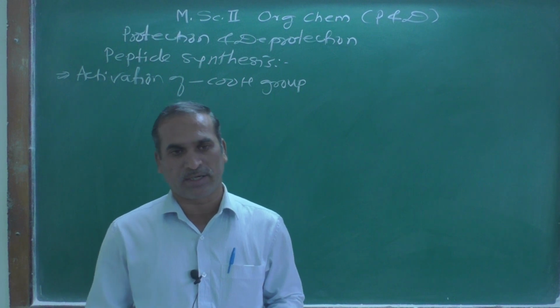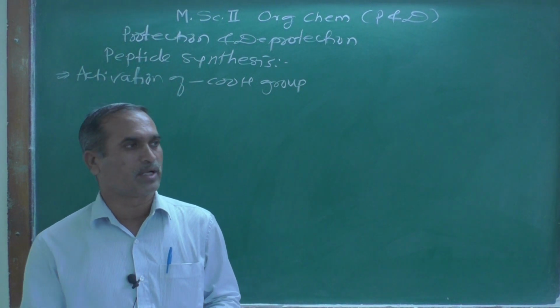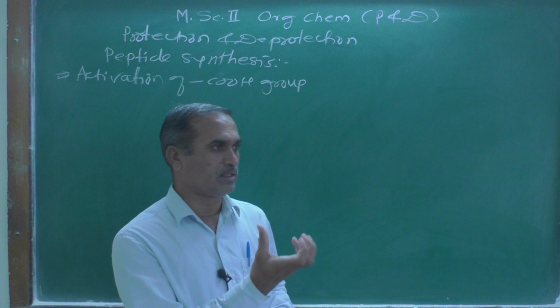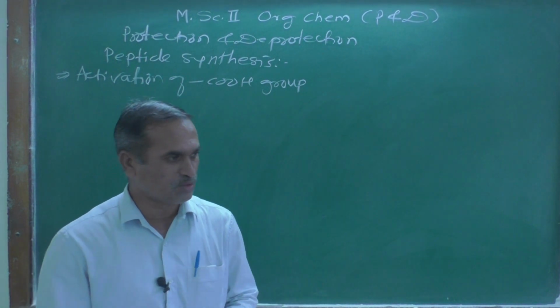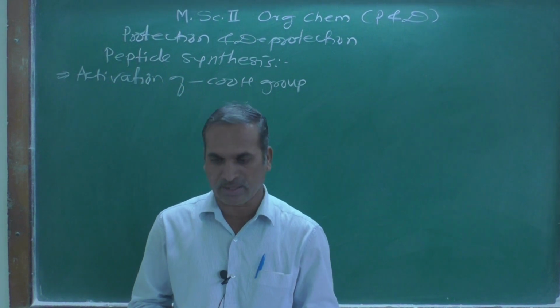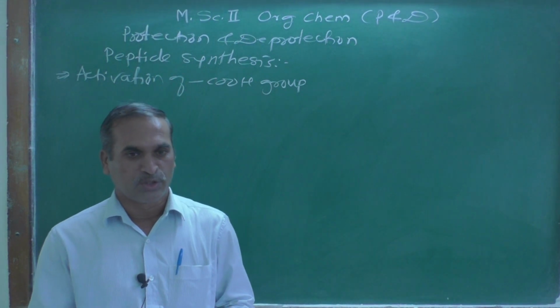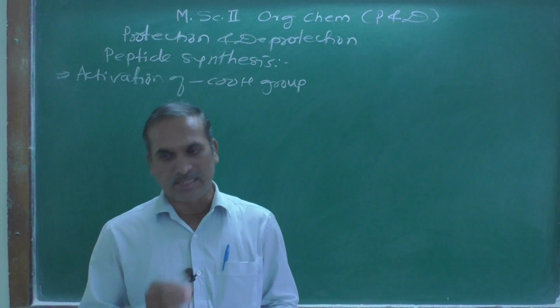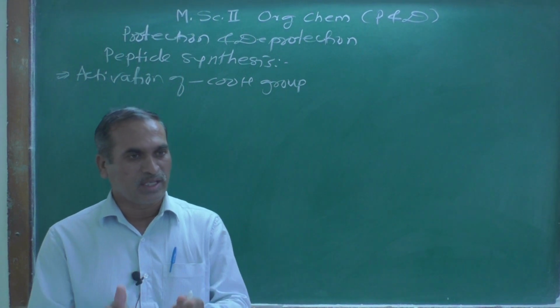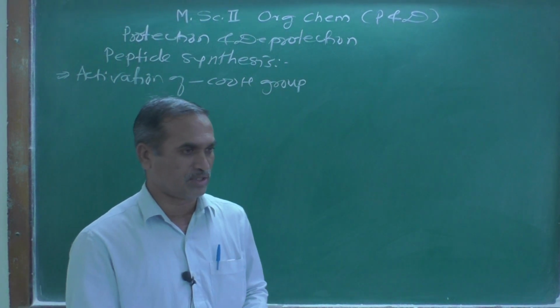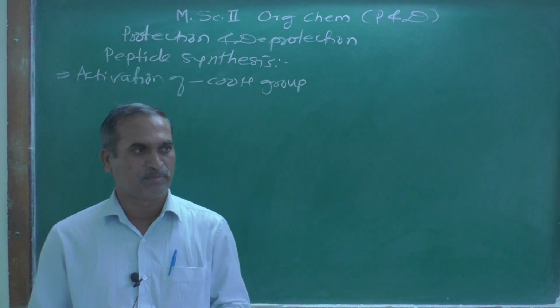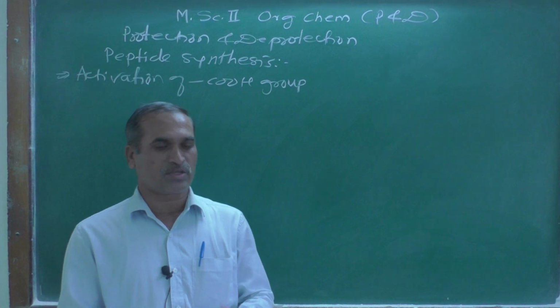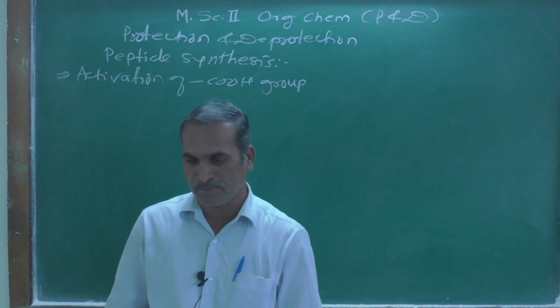We cannot get the pure, desired product if we use the amino acids as they are, and therefore to get the desired product we carry out the reaction with protection and deprotection. Then with protection we will get the desired product.